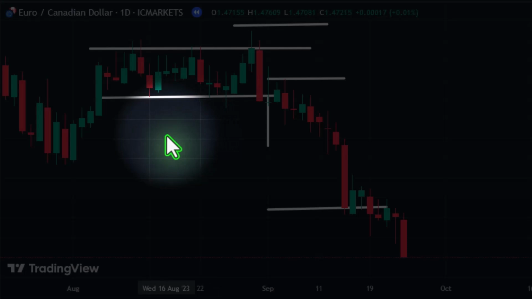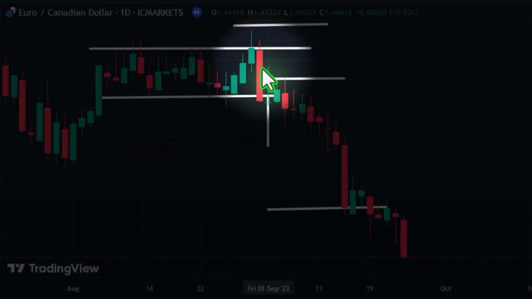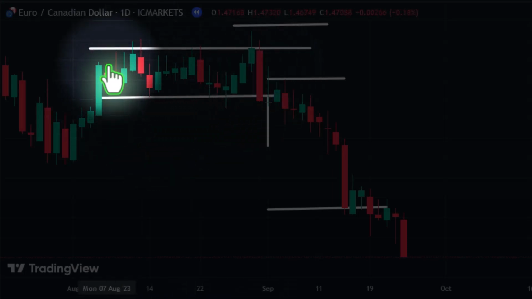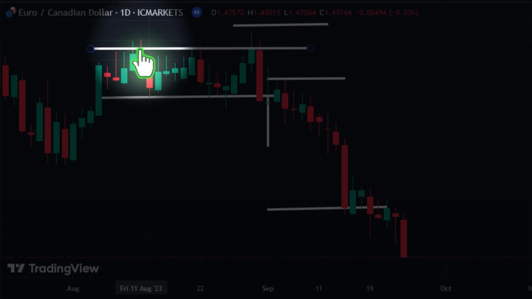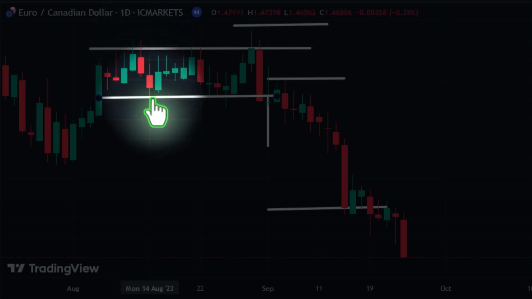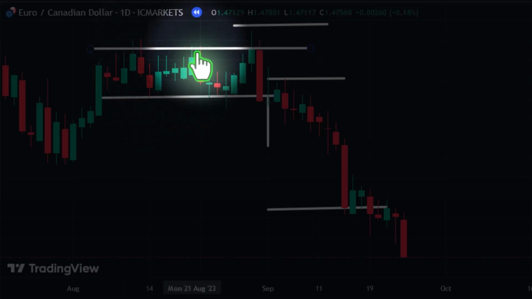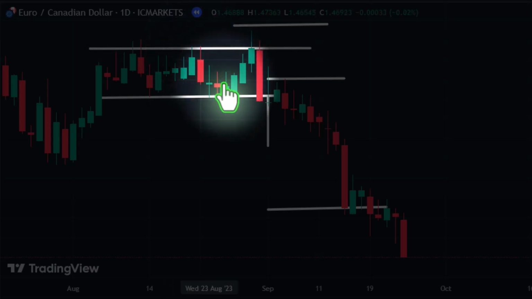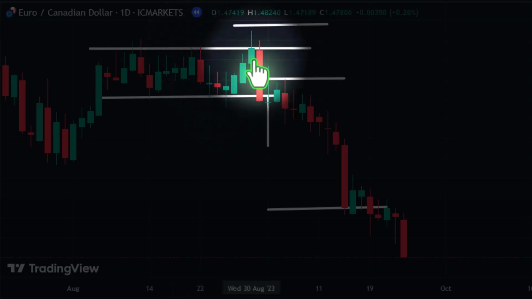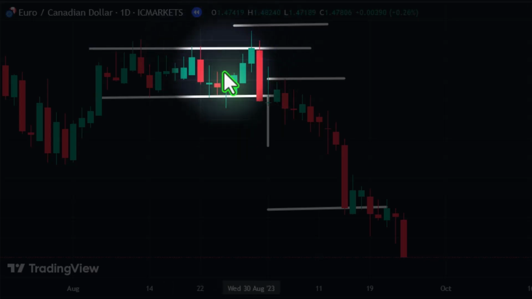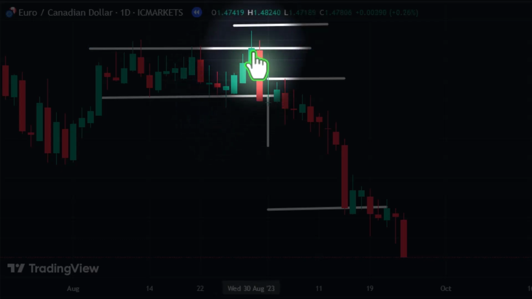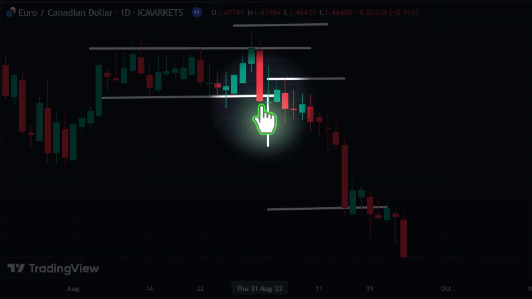Then another mistake is overtrading within this zone. You know, after price entered this zone, it tested this resistance, it came down, tested the support, went up again, tested the resistance level, came down, did the same, came here, broke out, also broke out here before it went and broke out to the upper side, and after that the price gained some momentum and finally broke out.